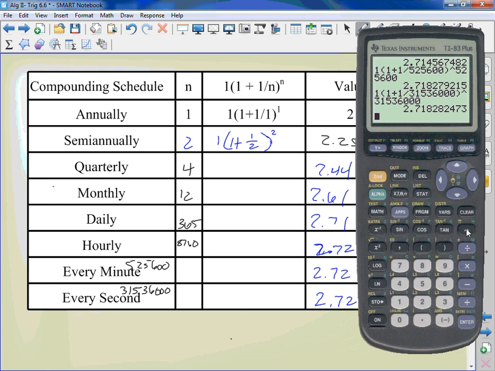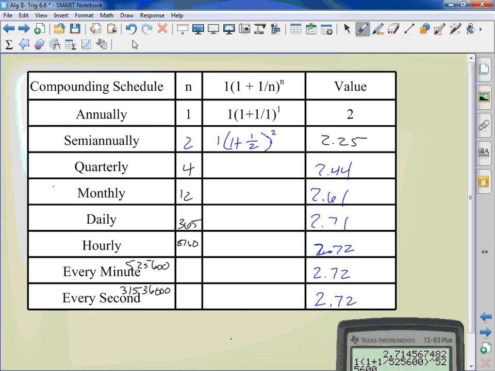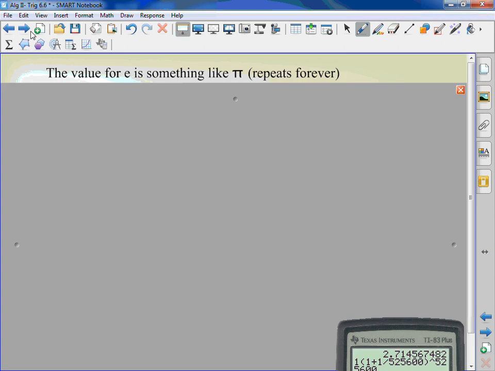This is very similar to pi, right? We just use 3.14. E is very similar to pi. The approximation for E is 2.72. This is where E comes from. The reason why the letter E was picked, I have no idea.